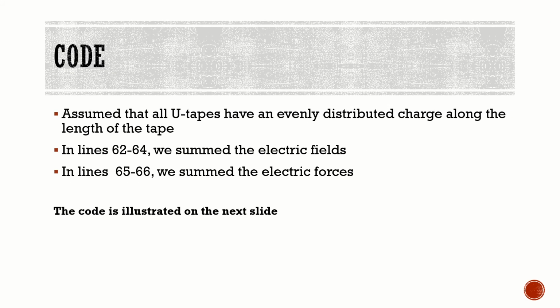And here we get to the meat of this lab. An important thing to note is that first we assume that all U tapes have an evenly distributed charge along the length of the tape. And also, when we see the code in lines 62 to 24, we sum the electric fields and then we sum the electric forces.